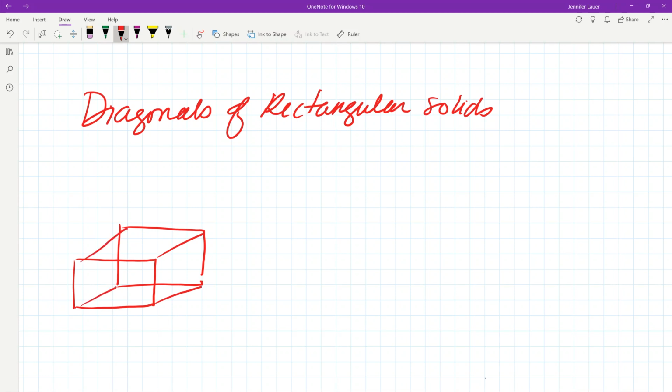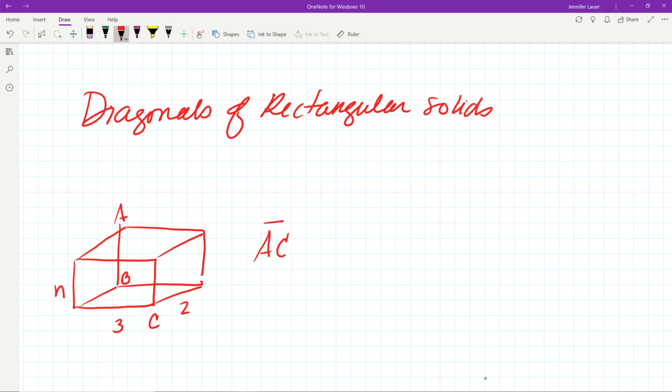So here's our rectangular solid. That one's ugly. Let me erase that and fix that one. We have an N here, a B here, an A here, 3, a C, and a 2. Okay, so it wants the length of AC.